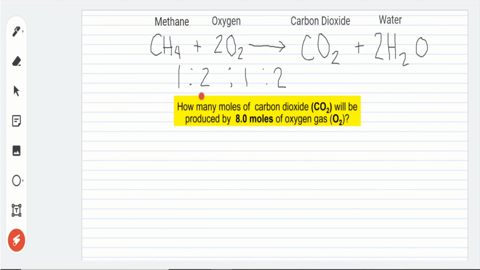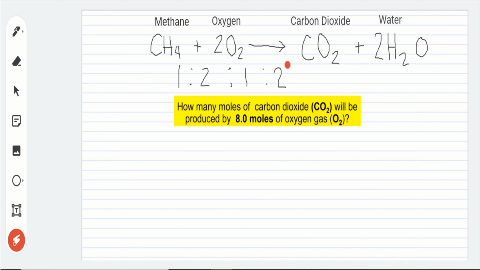And again, this ratio is very important because we can use this so that we can calculate how much carbon dioxide will be produced. So what we know is that for every 2 moles of oxygen, we can have 1 carbon dioxide.